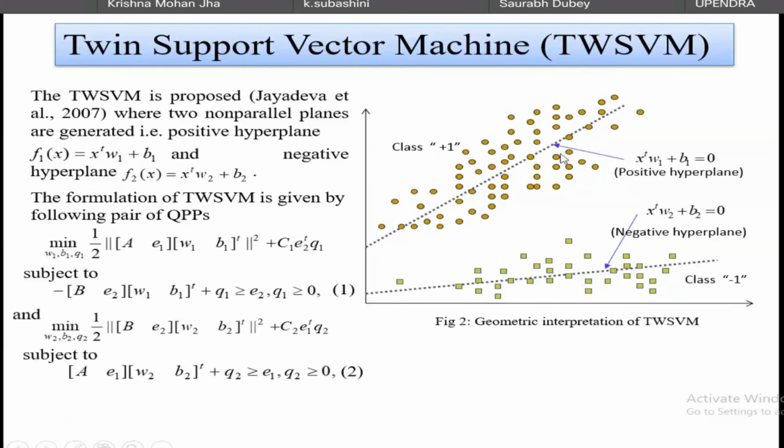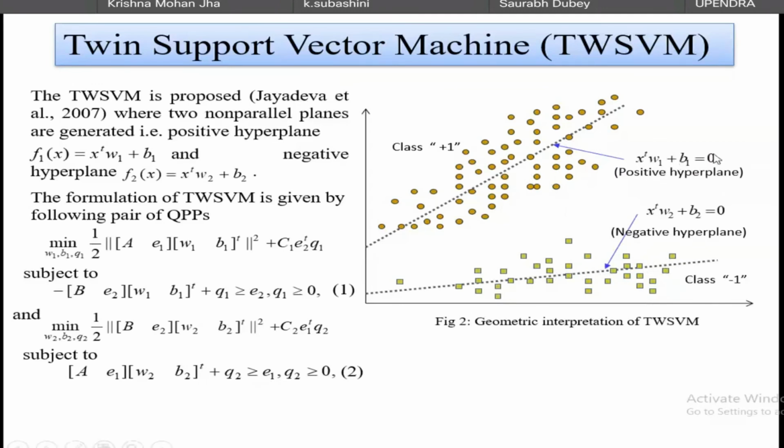You want to keep the points, whatever the points are here, as far as possible from this particular hyperplane that is represented by this inequality, and at the same time you want to keep this particular hyperplane near to all these data points. So this is actually the logic behind this particular model.